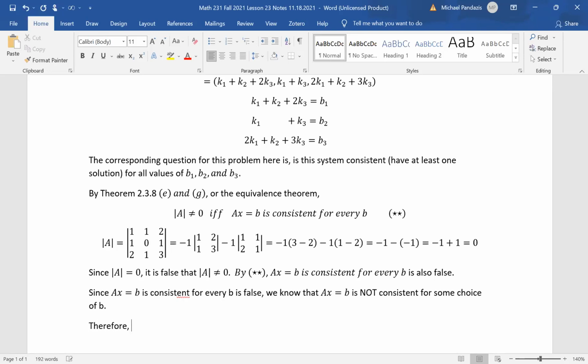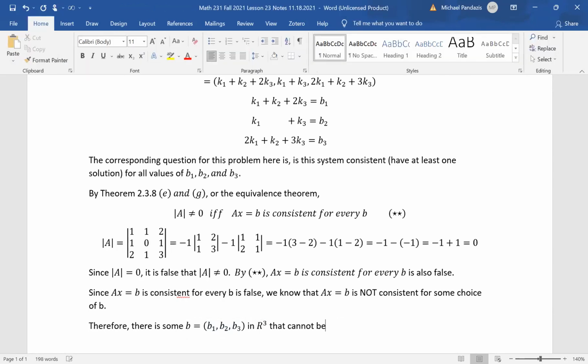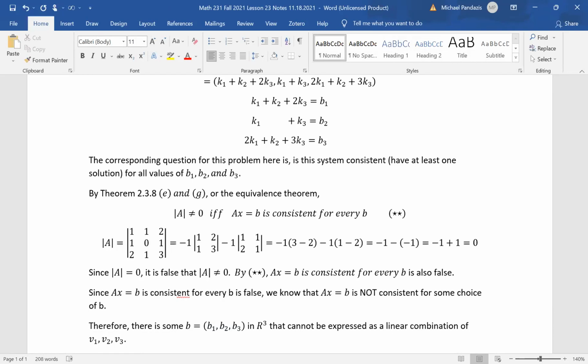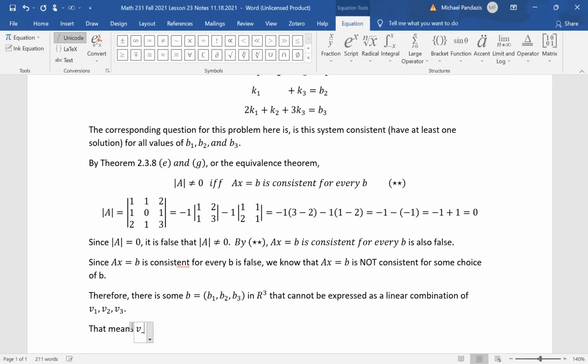Therefore, there is some little b, which is equal to b1, b2, b3 in R3, that cannot be expressed as a linear combination of b1, b2, b3. Okay, and so since that's true, that means that b1, b2, b3 do not span.